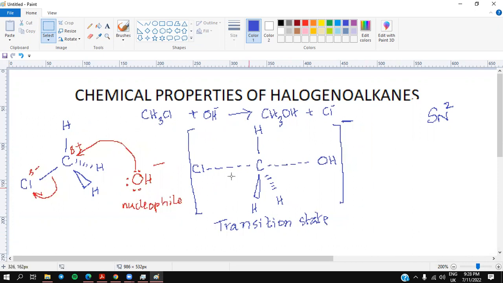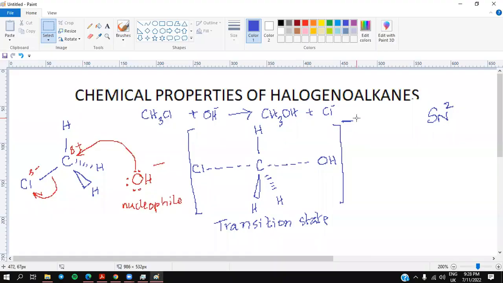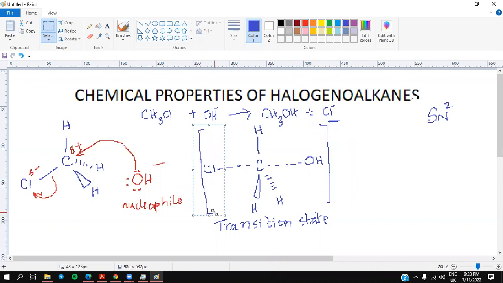So now this chlorine is in the process of leaving, and OH is in the process of making the bond. I'll push this OH to the left-hand side a little bit, and this chlorine also a little bit towards that side.